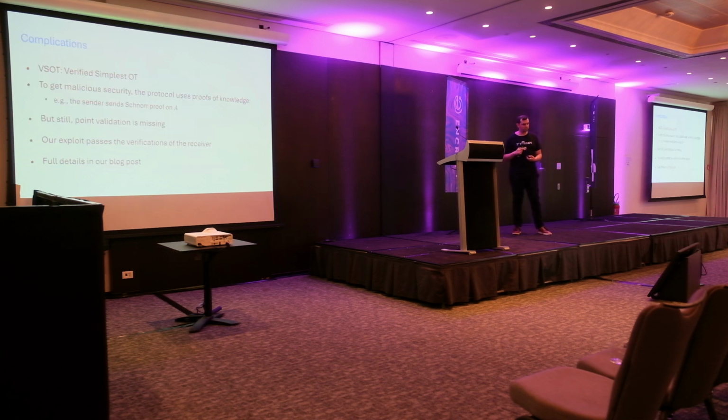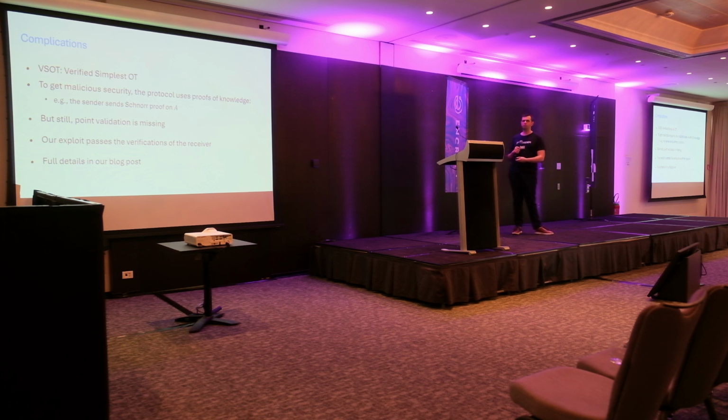So this was the general idea behind the vulnerability that we found in the ECDSA implementation. We should note that their implementation is actually more complicated than this. They implemented a version which they named Verified Simplest OT, which adds proofs of knowledge that Alice must provide to Bob along the protocol. For example, Alice must prove to Bob that the A value she sends is a value whose discrete log she knows.